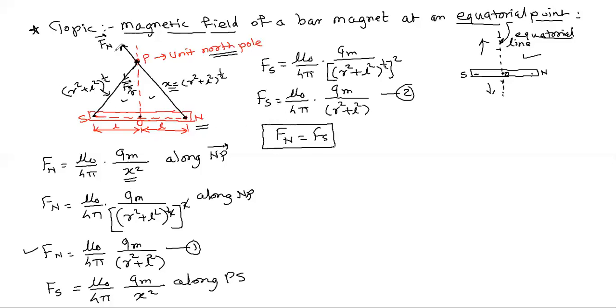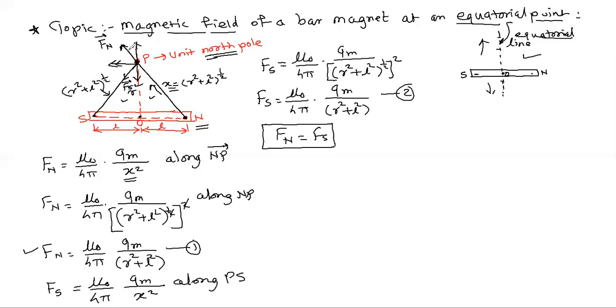Okay. Now come to this figure. Since this Fn is the repulsive force due to the north pole on this unit north pole in the direction of NP, resolve this Fn into two components. One component is along this direction and another component is along this direction. Next, resolve this Fs into two components. One will be in this direction and another will be in this direction.